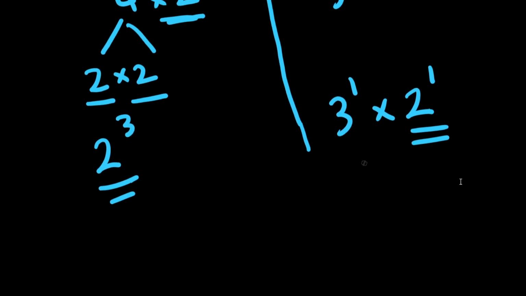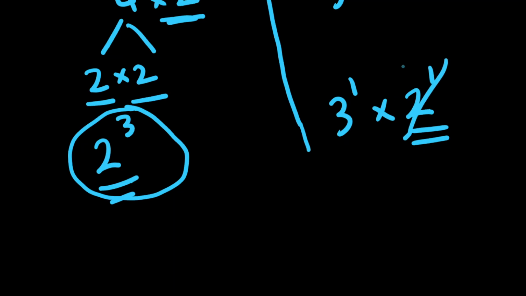So now, scroll back up. We're going to pick the one that has the higher exponent. So 2 to the power of 3 and 2 to the power of 1. 3 is bigger than 1. So we're going to pick this 2 to the power of 3, and we're going to drop this 2 to the power of 1.